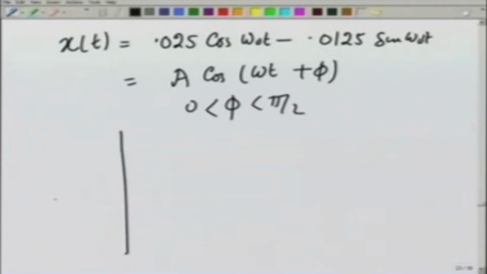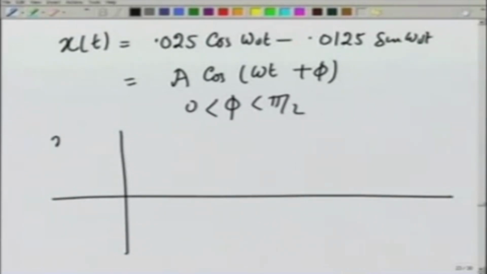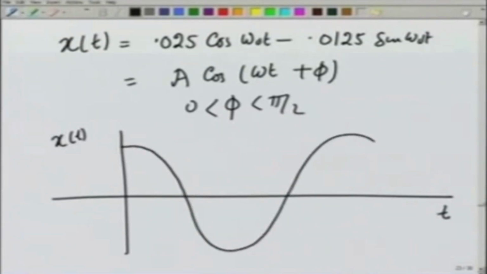it will look like this. I am plotting x(t) versus t. At t equal to 0, the function has already achieved what it would have achieved a little later if the function was pure cosine omega t. So cosine omega t looks like this. This is cosine omega t.